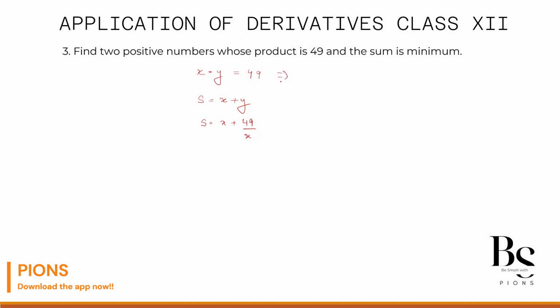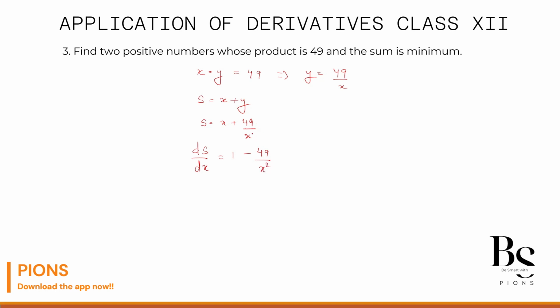From the first equation, y equals 49 over x. Clear? Now let's differentiate it and put it equal to 0 because this is a minimum. So ds by dx will be equal to, what's the derivative of x? 1. And the derivative of 1 by x is minus 1 by x square. 49 will remain as it is.